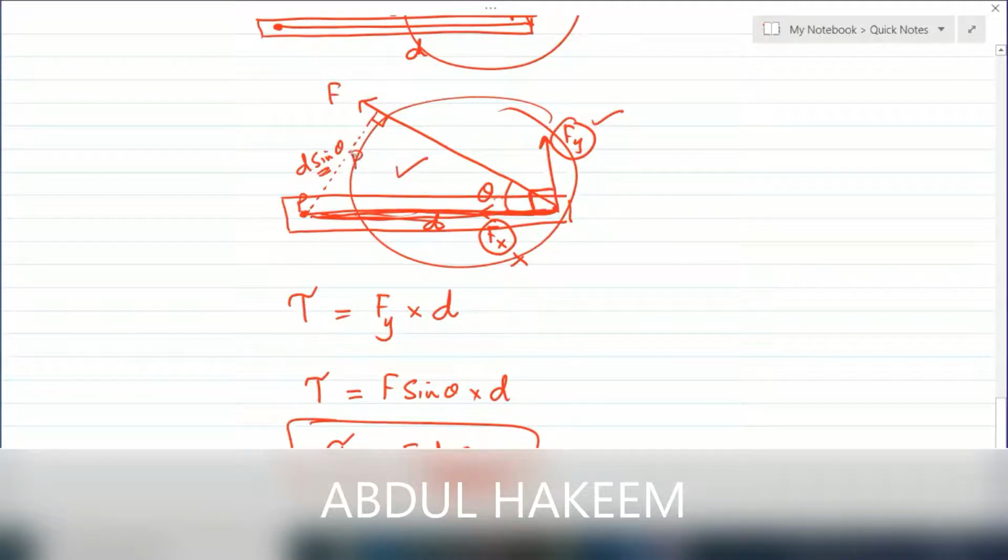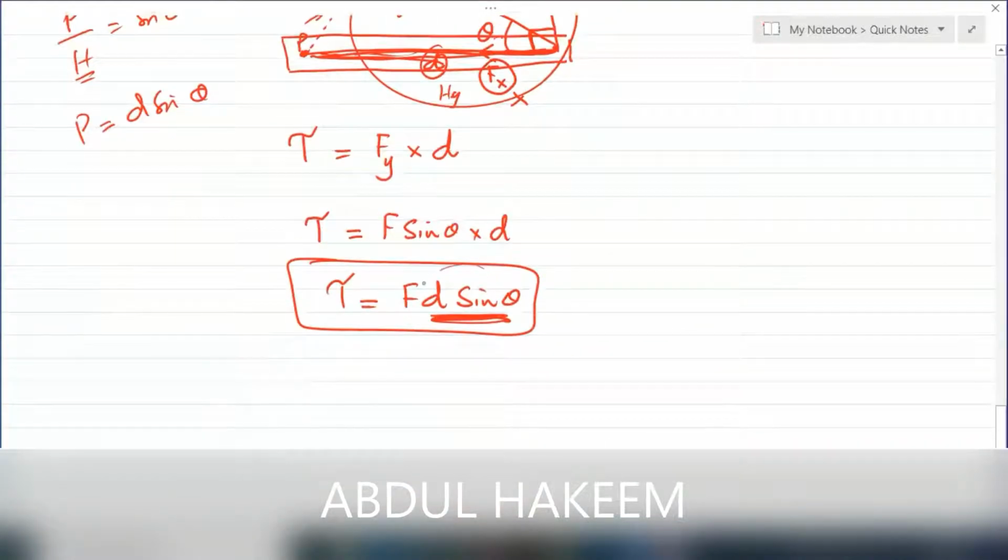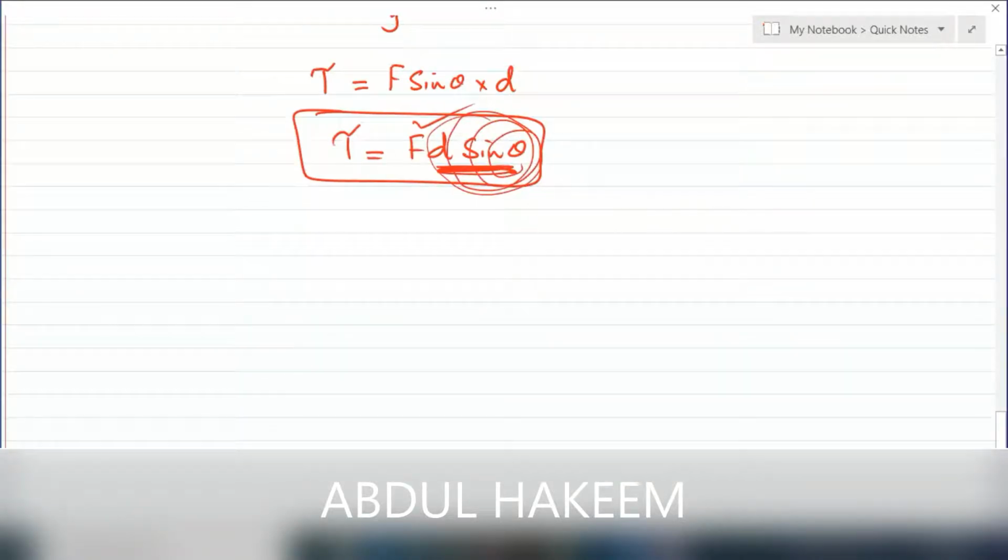So this opposite side is perpendicular, and this d is the hypotenuse. So perpendicular over hypotenuse is equal to sine theta, meaning the perpendicular is equal to hypotenuse times sine theta, which is d sine theta. So the perpendicular distance is d sine theta, meaning we have to multiply the perpendicular distance with the force.